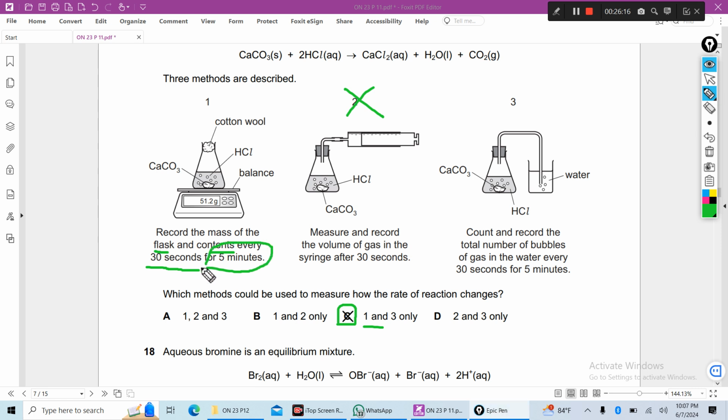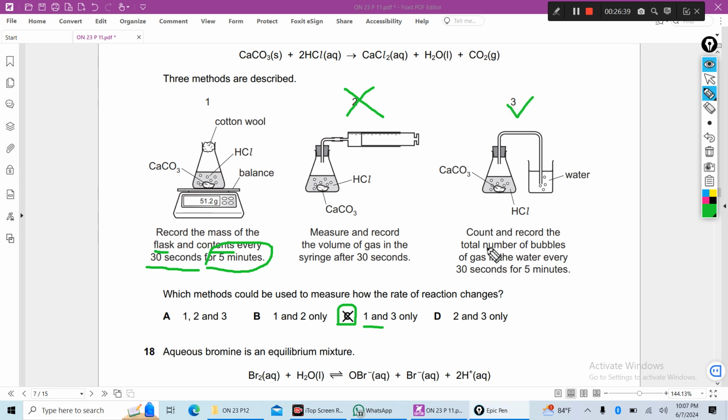That means after every 30 seconds up to 5 minutes, that means 10 times you can measure the mass of the content. So gradually mass will decrease. So you can measure the rate of reaction. And also 3 is the right.